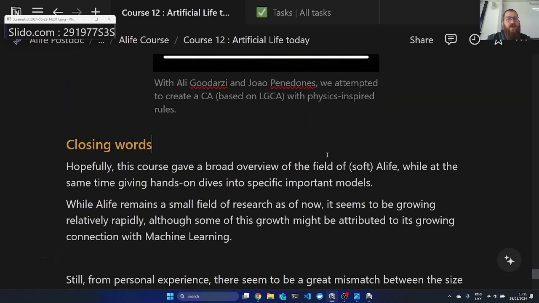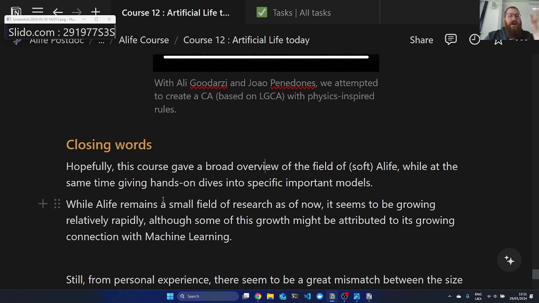So some closing words. I wanted to put some closing words, even if I was not very inspired. The goal of this course really was to give a broad overview of the field of soft A-Life, and at the same time give some hands-on dives into specific models to see how people actually implement these things.